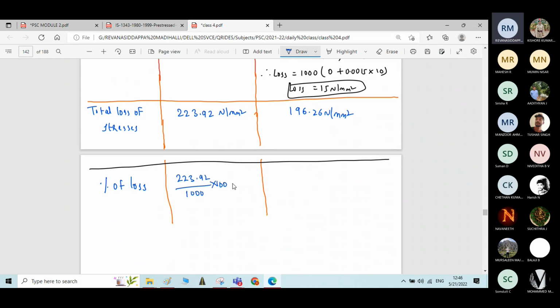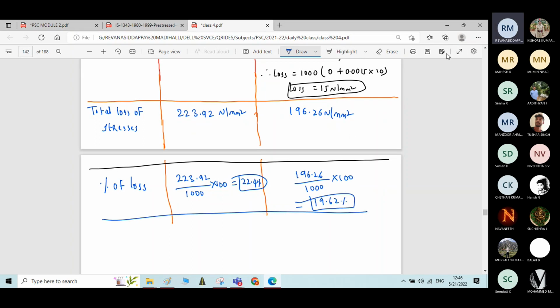If you do, you will get the percentage of loss as 22.4%. Similarly, for the post-tension beam, there is a loss of 196.26 Newton per mm square out of 1000. If you multiply into 100, you will get a percentage of loss as 19.62%. So to this, the problem is over.